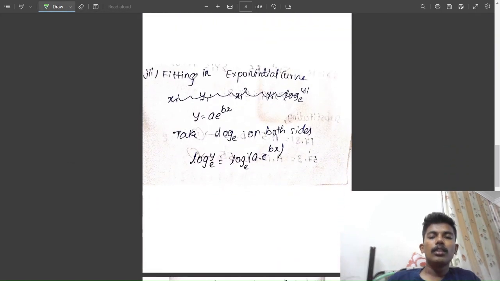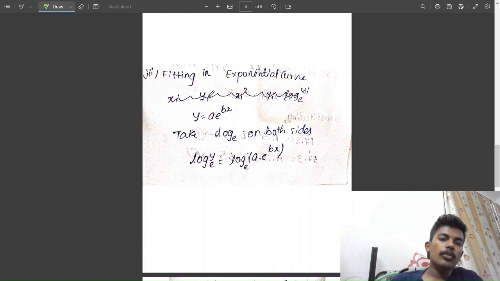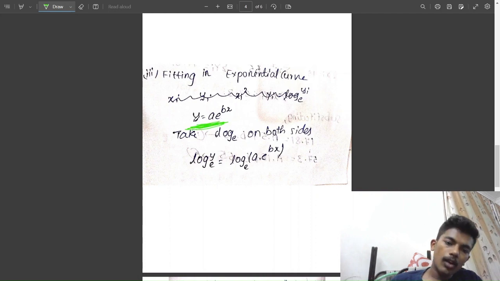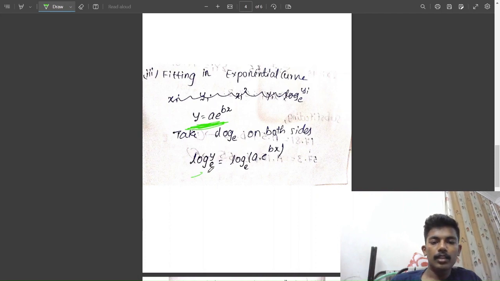Now if we see the solution, first we have to fit the exponential equation. The given equation is y is equal to a into e power bx. By applying log on both sides, we get log y is equal to log of a into e power bx to the base e.